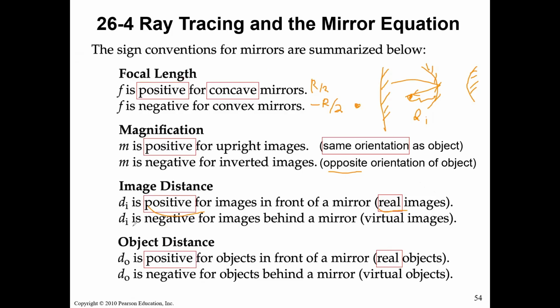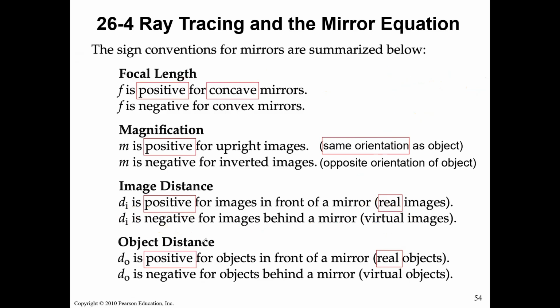And D_I is negative for an image behind the mirror. If it appears that the light rays are converging on the other side of the mirror, then it must be a virtual image, because the light ray cannot cross the mirror, so the image distance is negative.